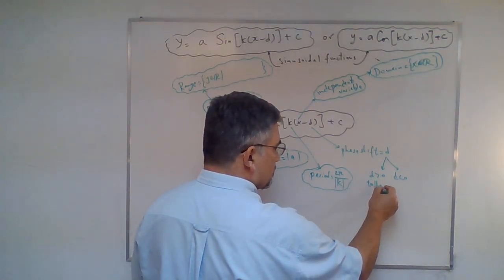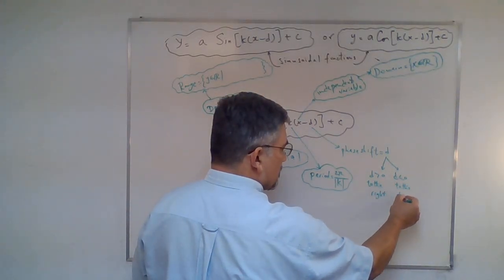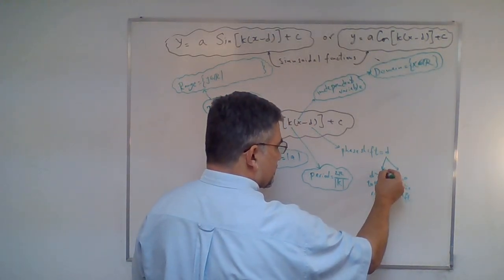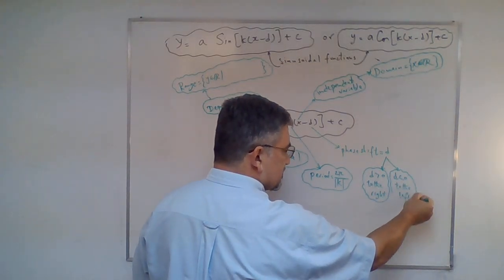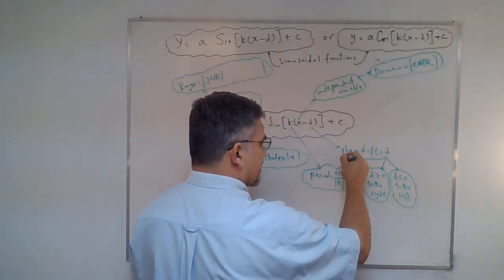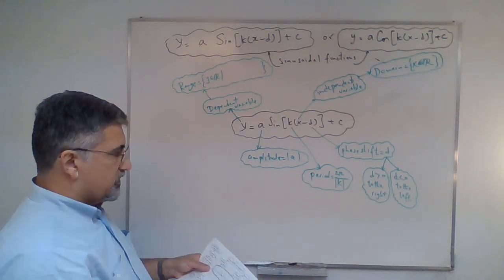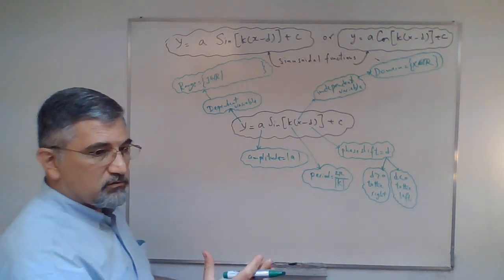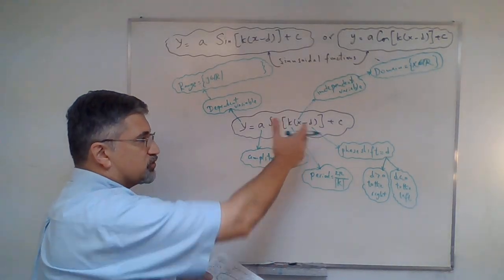So this is to the right, and this is to the left. So depending on the value of D being positive or negative, the horizontal shift happens to the right or to the left. But the size or the magnitude or the amount of shift, horizontal shift, is determined by the value of D.